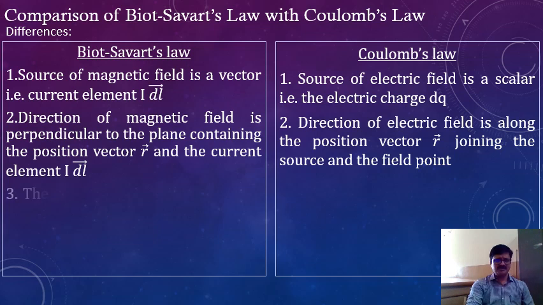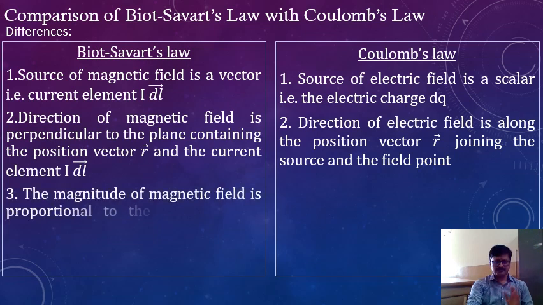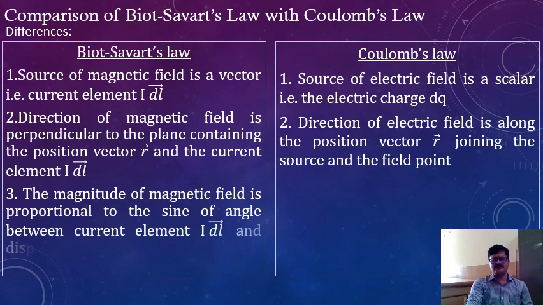Okay. Now let us take a look at the third difference. The magnitude of the magnetic field is proportional to the sine of the angle between the current element I into vector dl and the displacement vector, vector r. This we have seen already in case of Biot-Savart law. Remember that? So very clearly we can understand that the magnitude of the magnetic field is directly proportional to the sine of the angle between the current element I into vector dl and the displacement vector, vector r.